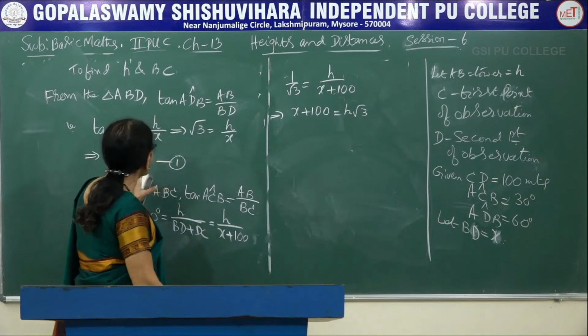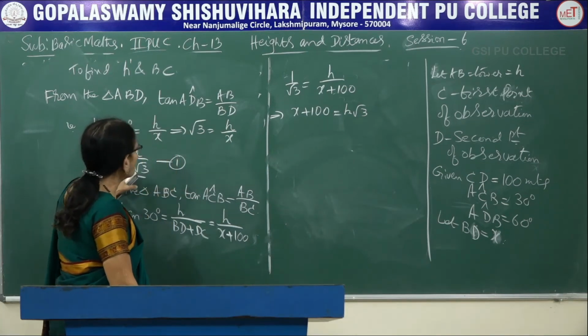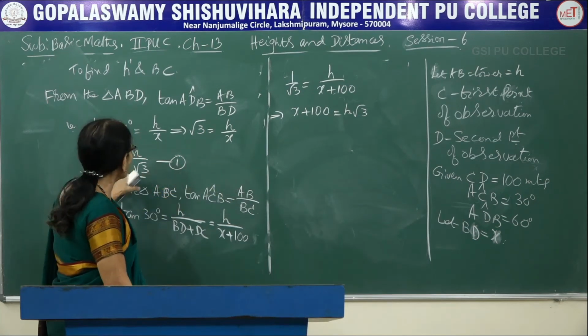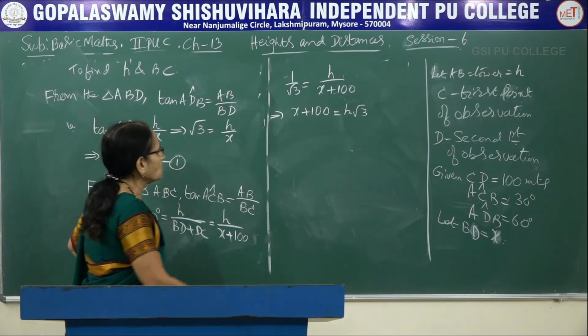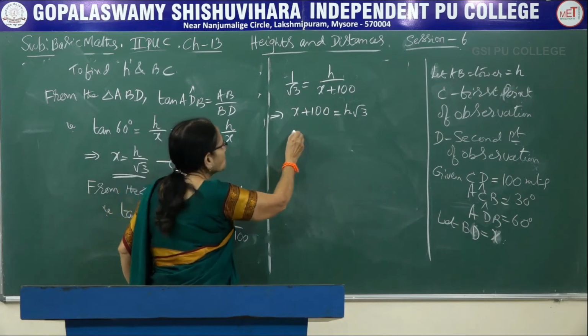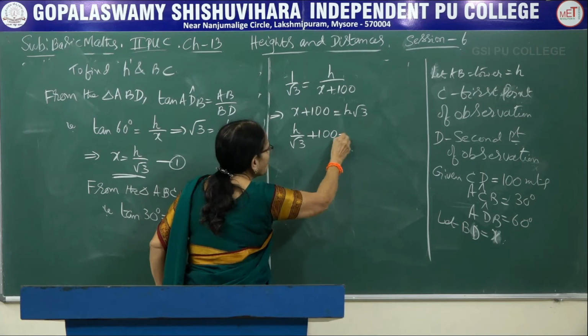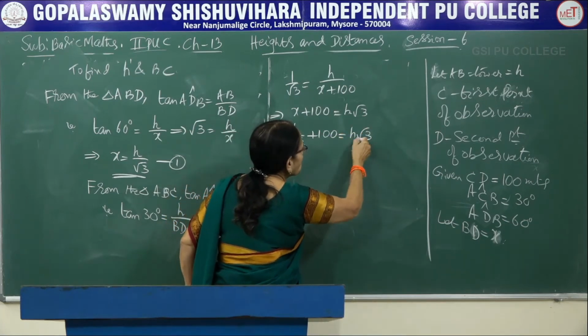Now, come to the first result. Here, first we will eliminate x and get the value of h, then you can find the value of x also. For x, write from the first result: h by root 3 plus 100 equals h root 3.